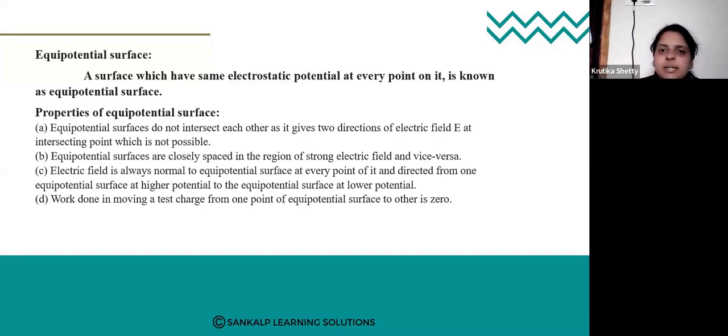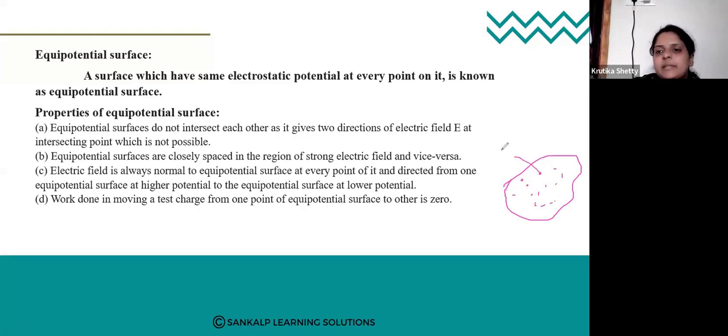That sentence is the definition. The surface which has the same electrostatic potential at every point on it is known as an equipotential surface. So what can you understand from the definition? Suppose I consider some random surface. On each and every point on it, the potential is equal.